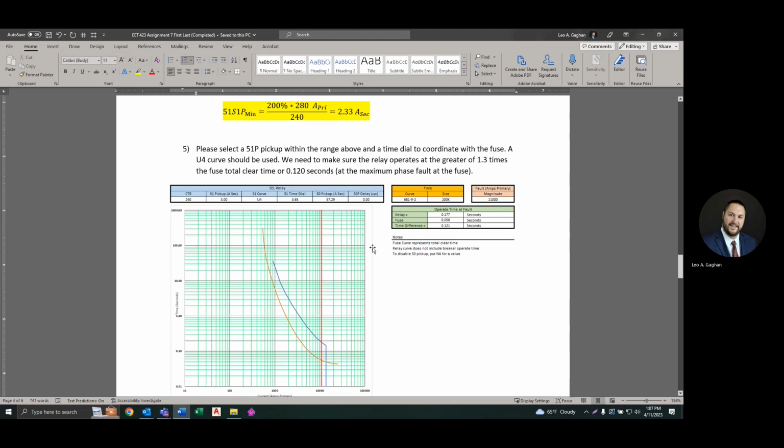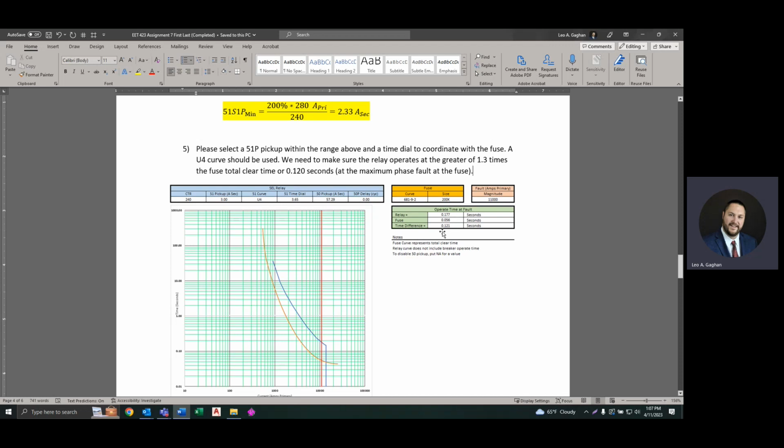I was looking for a time difference greater than 120 milliseconds at the phase fault at the fuse. So we did have to change that to 1100 amps. At 1100 amps, my fuse would operate in 0.056 seconds. My relay would operate in 0.177 seconds.